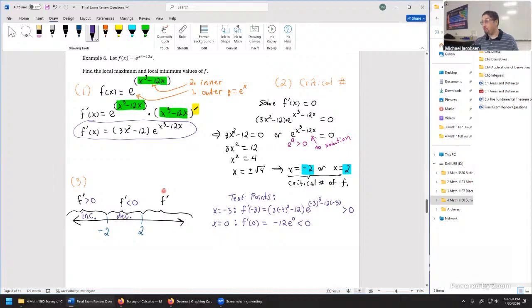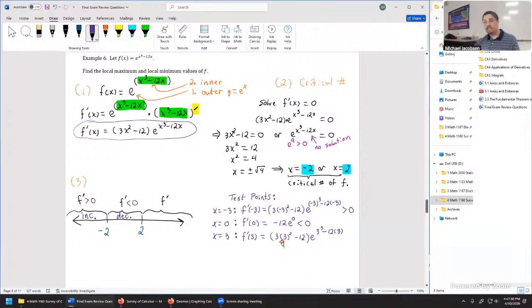Then same idea with this one. Plug in, say, 3. So 3 is going into these values. F prime at 3 is going to be 3 times 3 squared minus 12 e to the power of 3 cubed minus 12 times 3.